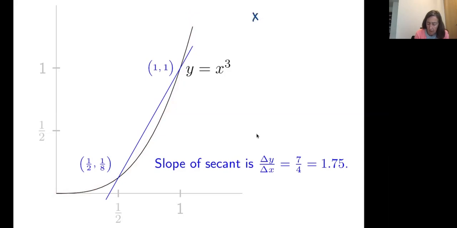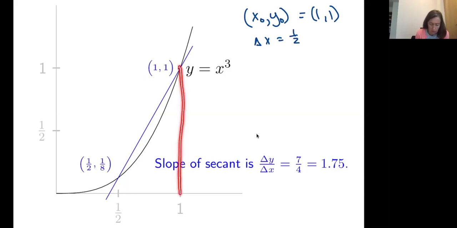So my x0, y0 point is 1, 1. That's a nice easy number to start with. And I'm thinking about a pretty small delta x here of 1/2. So I'm calculating rise over run by starting at x equals 1, y equals 1, and taking delta x 1/2.